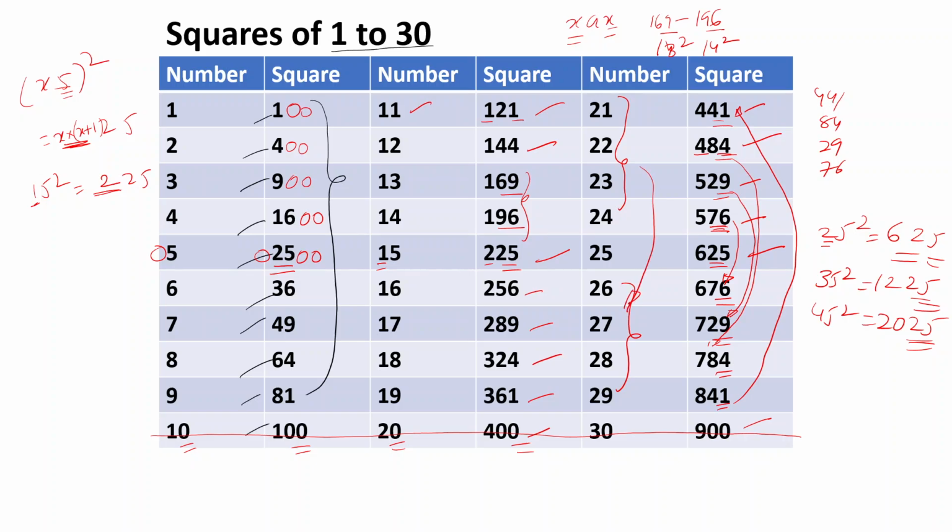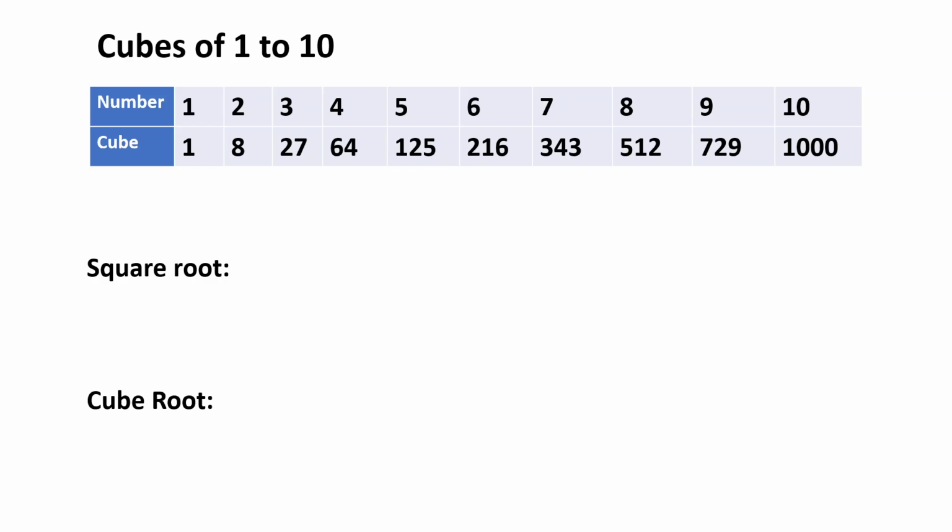Okay, now coming to squares and cubes. Before going to the cube, I want to write some power notations. Cubes or squares are nothing but exponential numbers. So I want to write some formulas here. (a to the power of m) whole to the power of n is equal to a to the power of m into n.